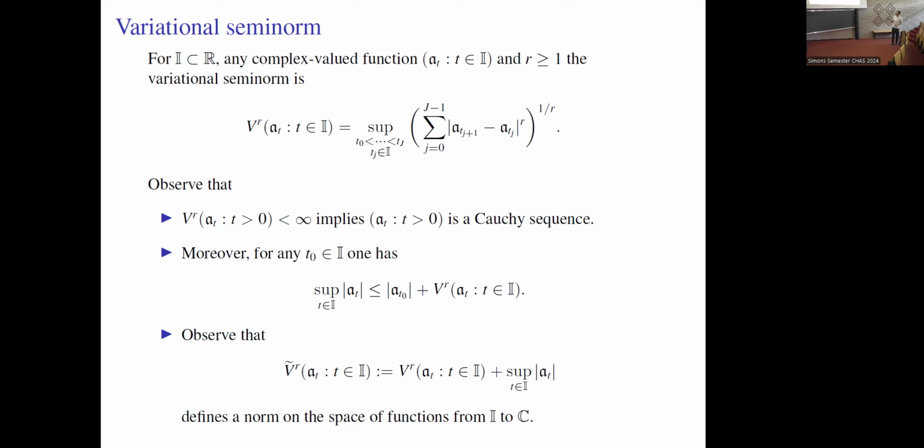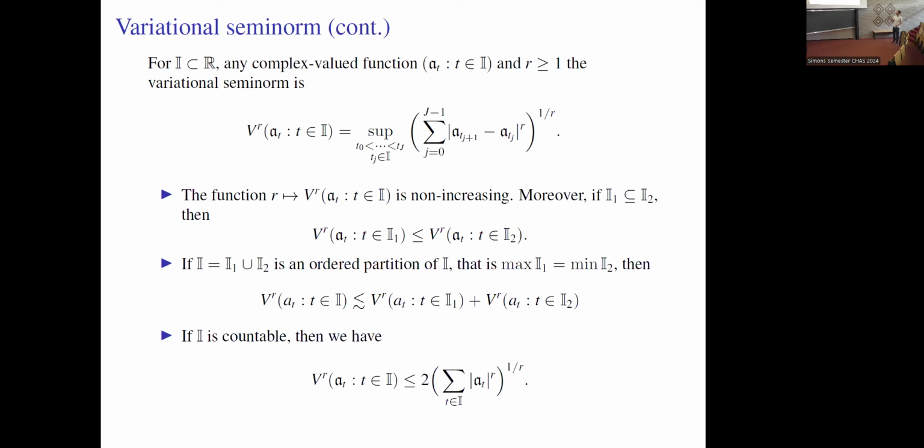But on the other hand, we know that the supremum essentially is dominated by the variation. And in that way, we obtain a norm on the functions on I. All right, so this is just the definition which we had on the previous slide.